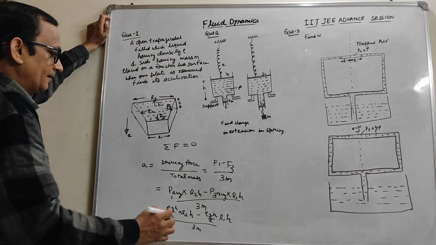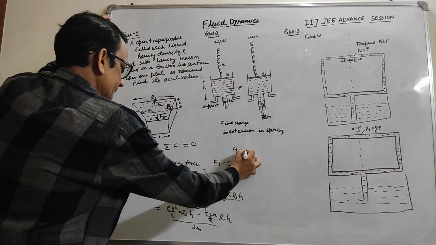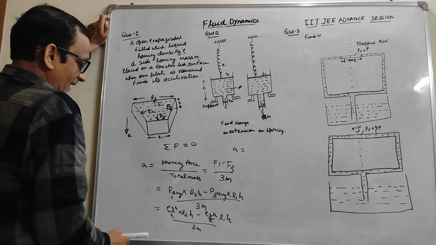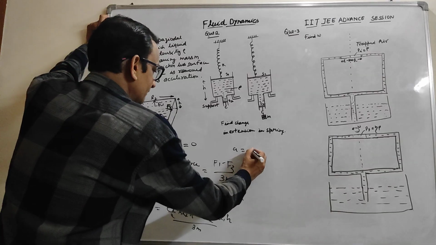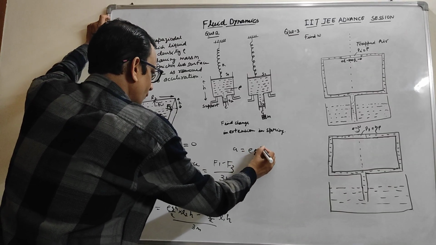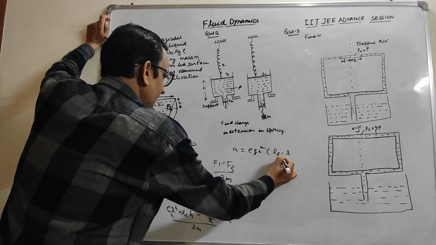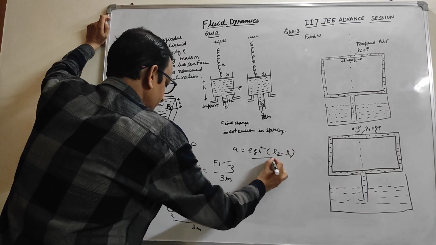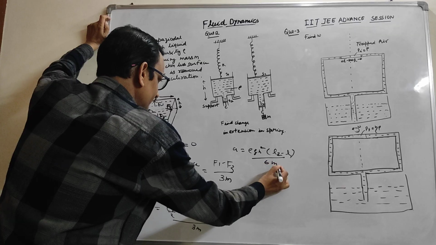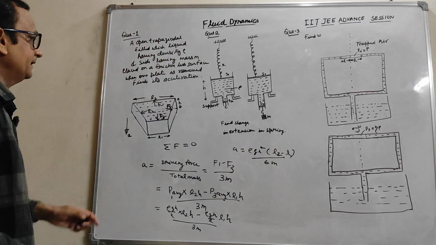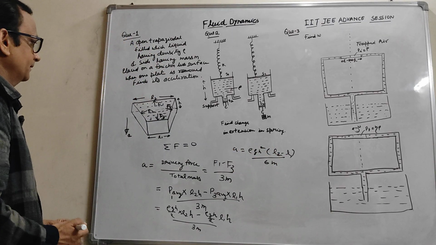So the acceleration becomes rho g H square (L2 minus L1) upon 6m. This is the acceleration of the trapezoidal shape.